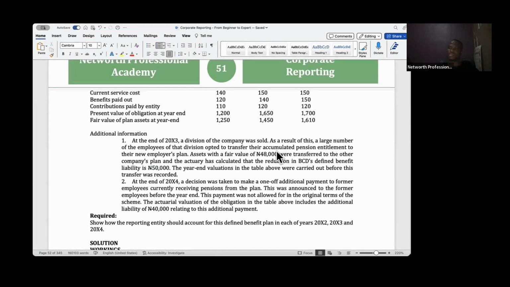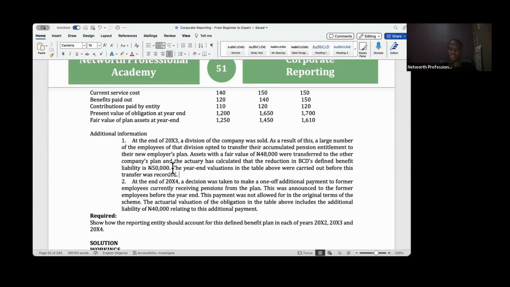That means you are gaining 2 naira. The person is letting go of 2 naira. That's a gain for you. And that gain on settlement, we are going to book that also in the statement of profit or loss as a gain on settlement. And that is it for this note one.